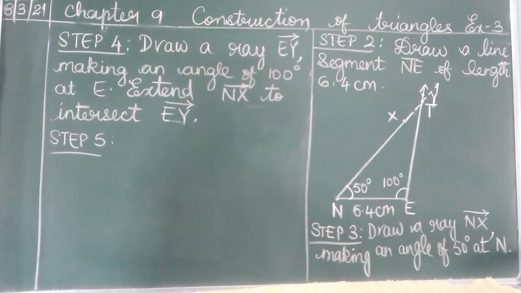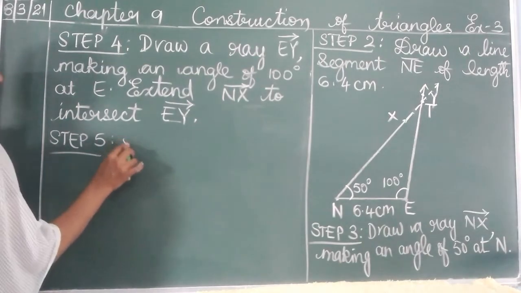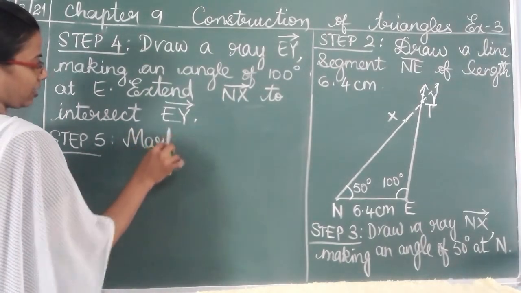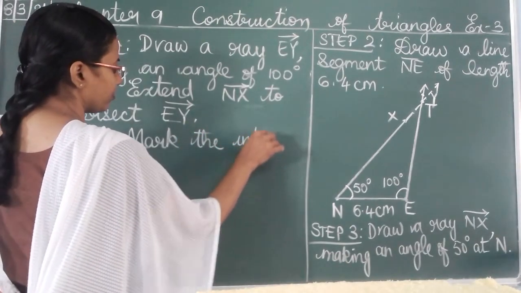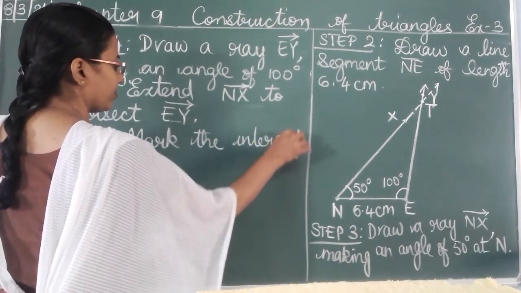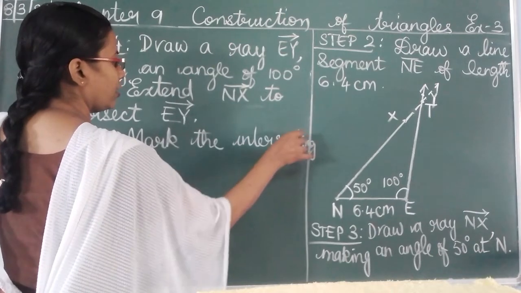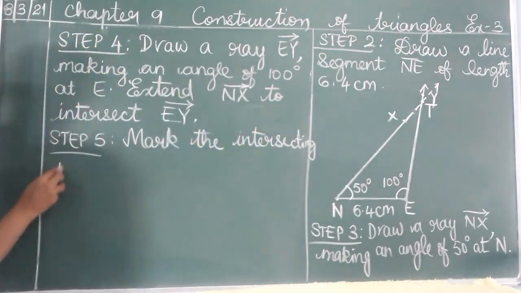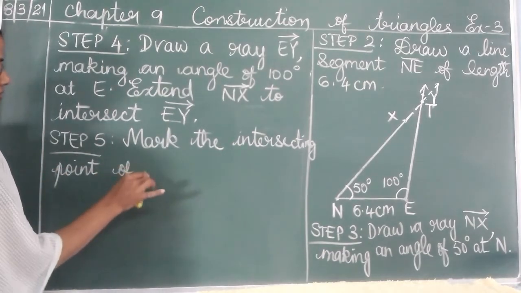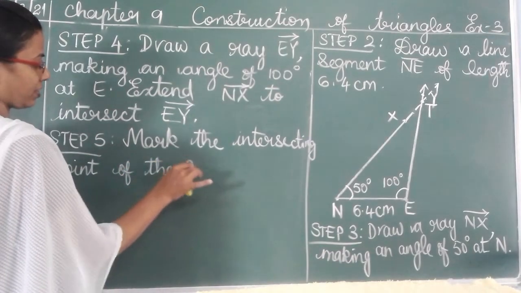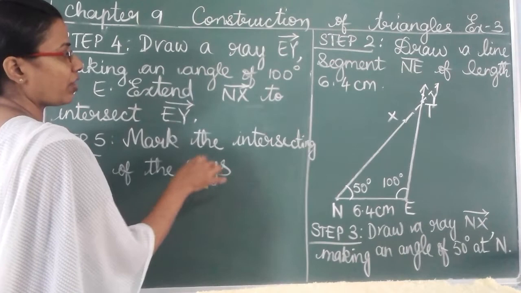Now the last step is mark the intersecting point of the rays. What did we mark?